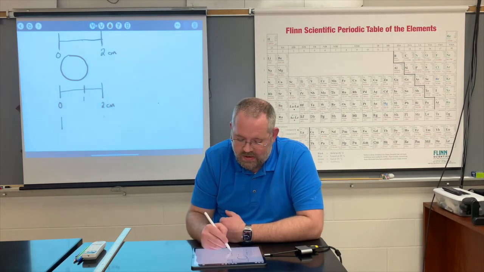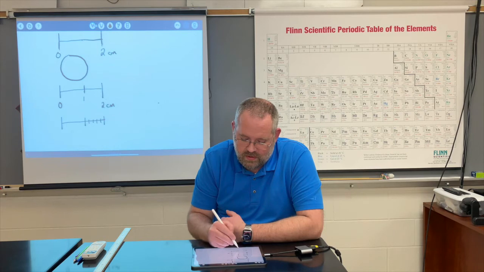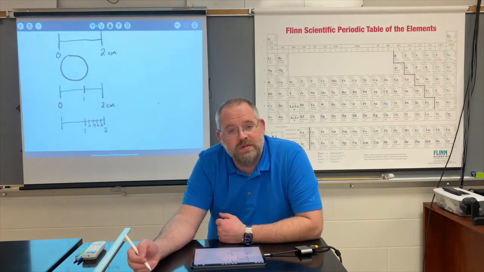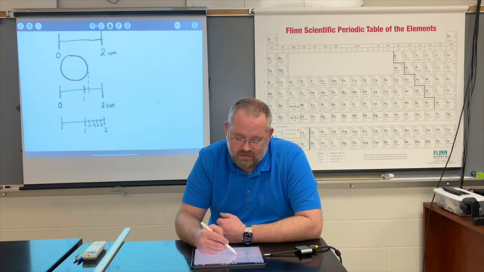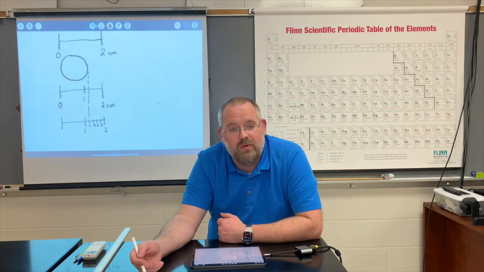What if you have a ruler that's even better? What if you have 0.2, 0.4, 0.6, and 0.8? Well, then you could probably say, I think that ball is 1.2.